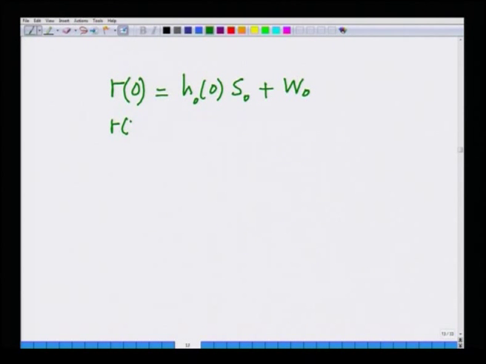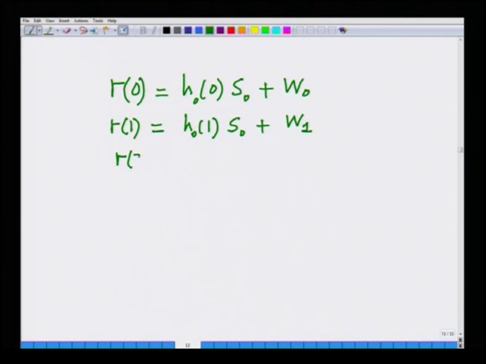R 1 equals H 0 of 1, that is the channel coefficient of user 0 corresponding to lag 1, times S 0 plus W 1, that is noise and interference corresponding to the decorrelation with C 0 m minus 1.